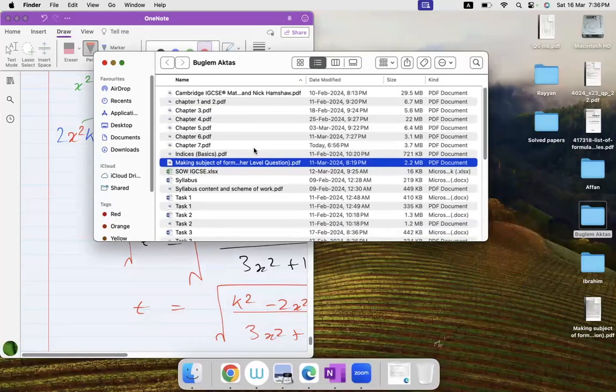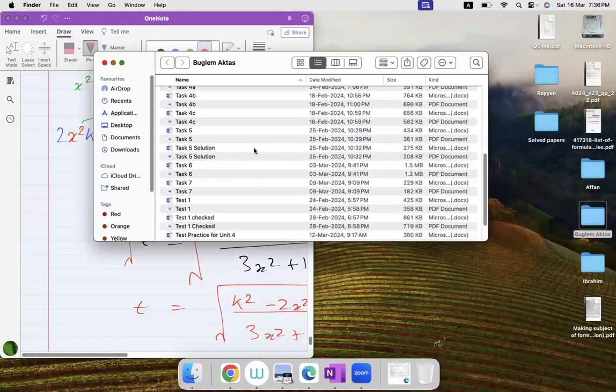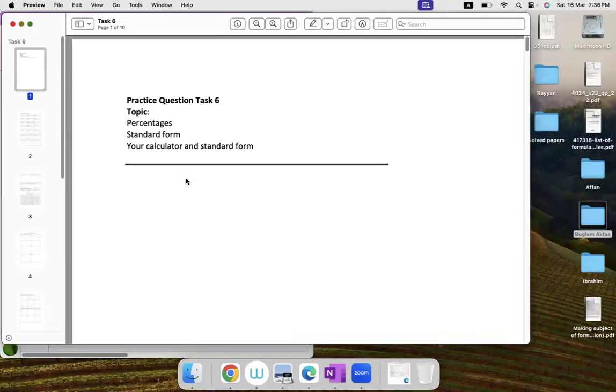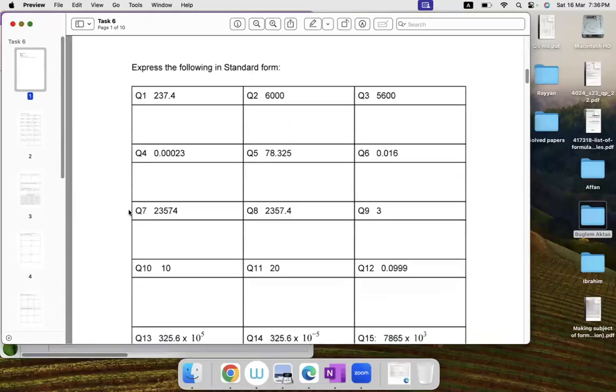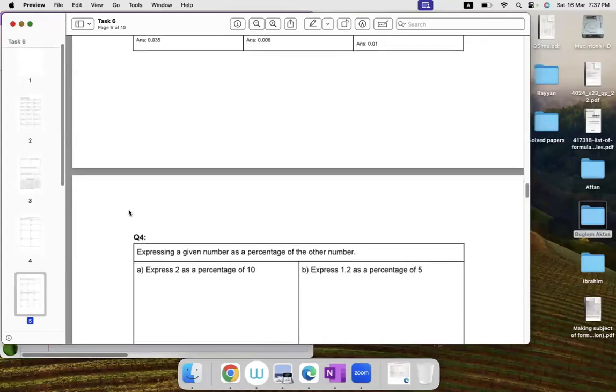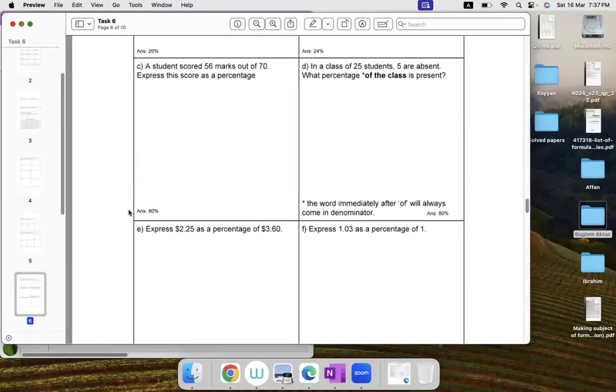Percentages. That was in practice task. Like this one? Right. Yeah, that one. Star 6.